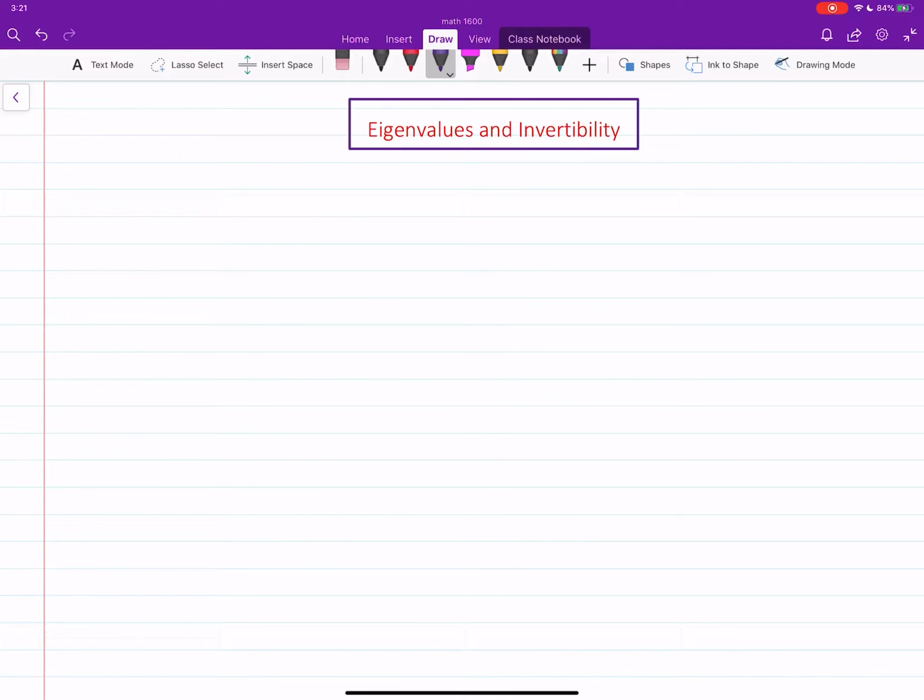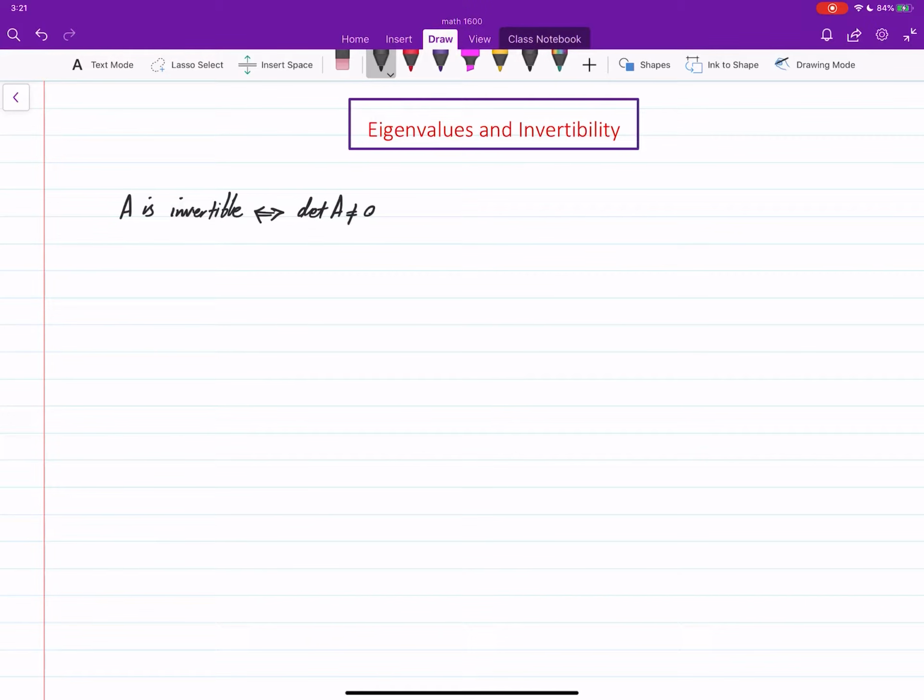Hi, in this video we will learn how one can determine if a matrix is invertible or not by looking at the list of eigenvalues of that matrix. Well, remember that an n by n matrix A is invertible if and only if the determinant of the matrix A is non-zero.